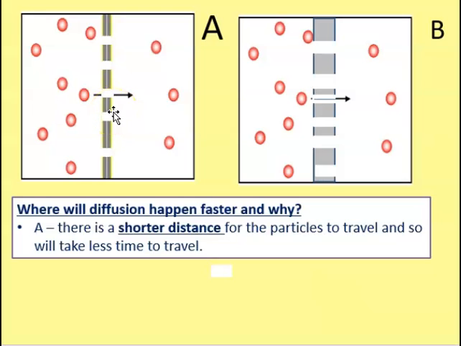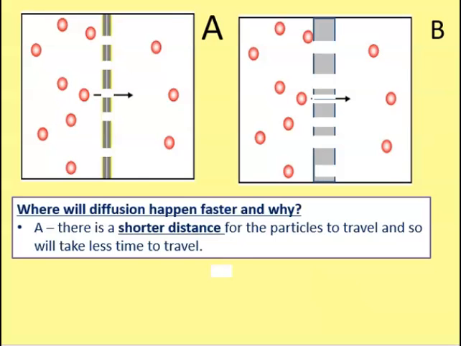You will move 1 meter faster than you will be able to move across 2 meters, because it is a shorter distance. So for this one, it is the shorter distance that will allow diffusion to happen faster, because it will take less time to travel.